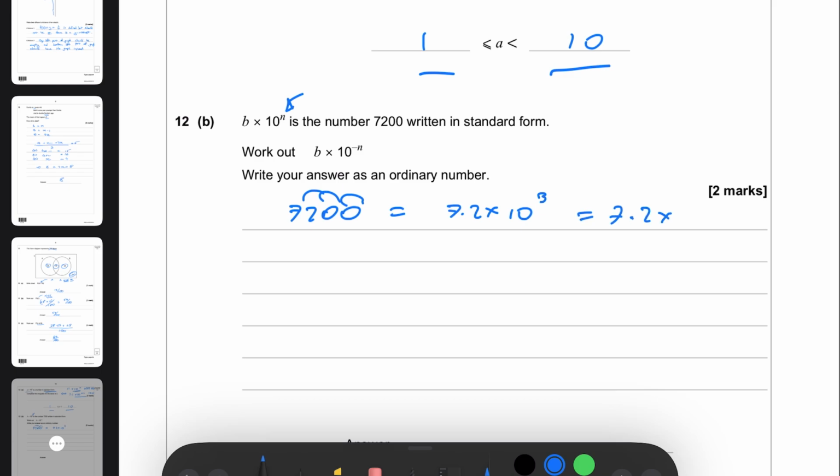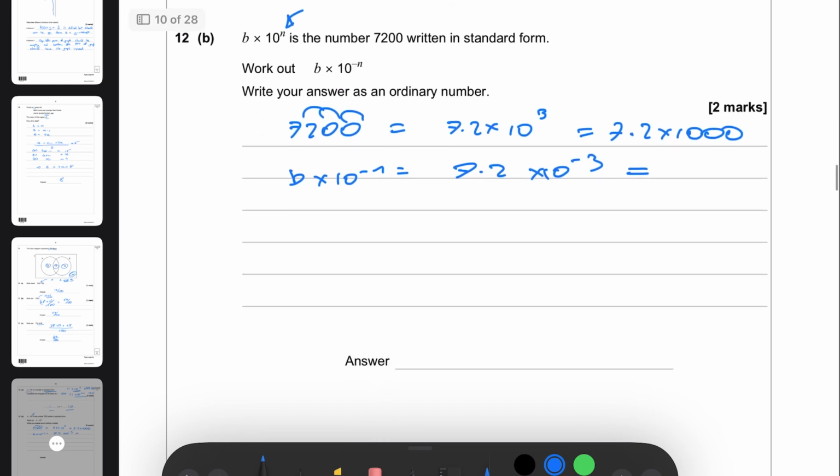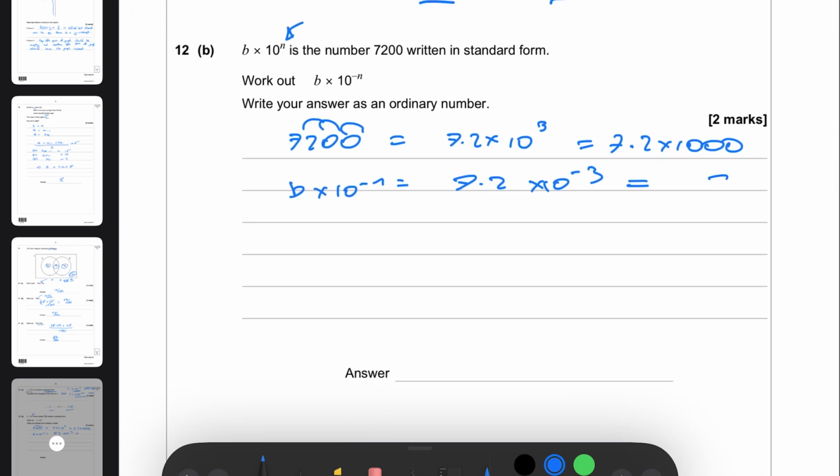So we want b times 10 to the minus n, which is equal to 7.2 times 10 to the minus 3. Goodness me, these are pretty simple. So with the decimal point, we move 1, 2, and 3 places, so we get 2 zeros after the point, giving 0.0072.